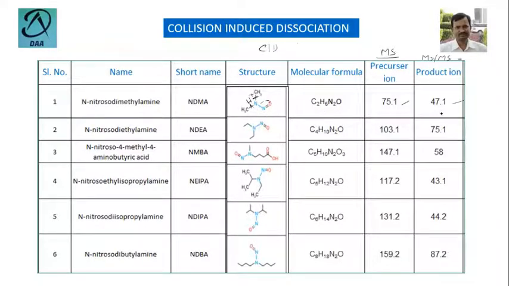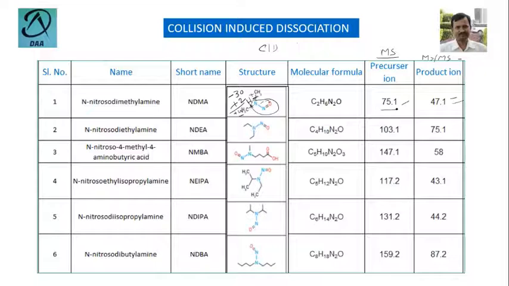So in this case, if you calculate, you can see that this part will be 47.1. You see that CH3 is 15. Two CH3 groups are removed, so 15 plus 15 means 30 minus 30. 2 hydrogens are added, that means plus 2. That means ultimately for this part, 28 will be lost.